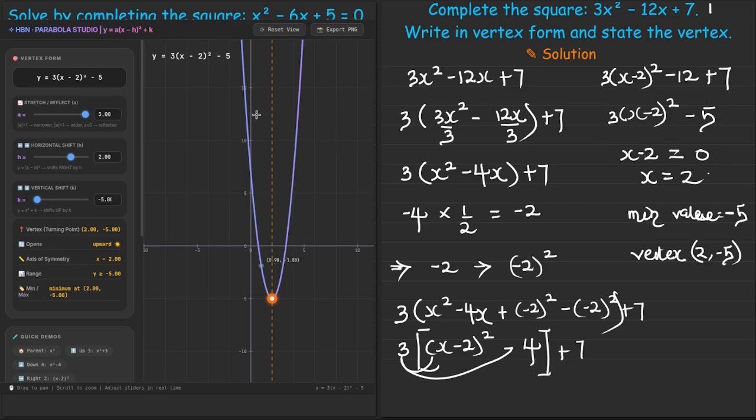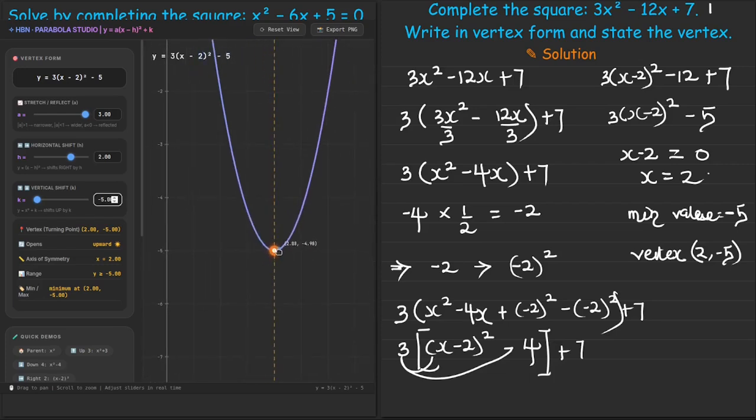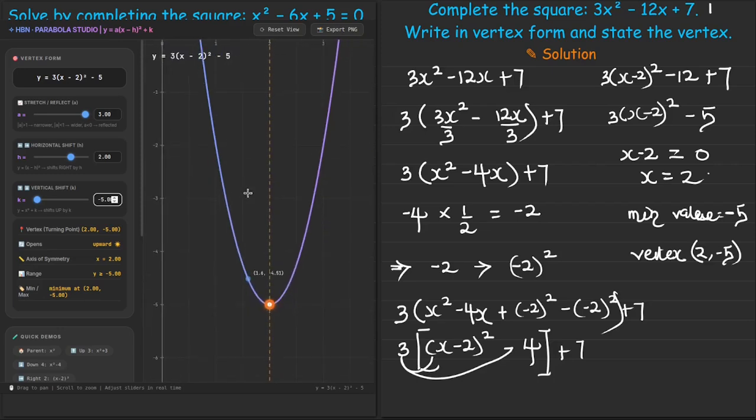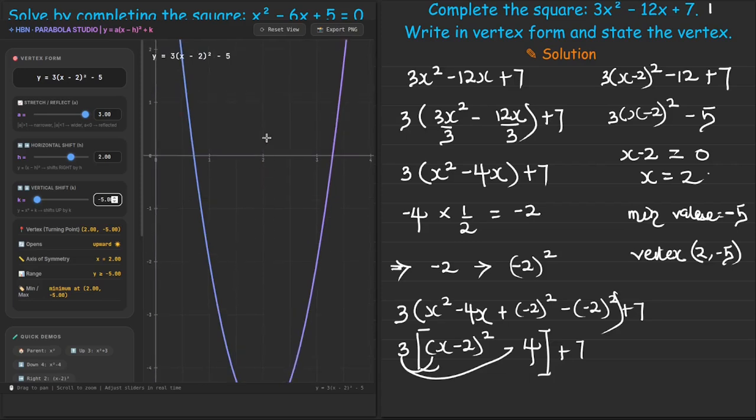Now if this is its graph, you can see where we have our vertex. So the vertex is just as we said. The y coordinate is what? Negative 5. And for the x, it is 2. And also, our minimum value is negative 5. And our axis of symmetry is what? X equals 2. Very simple.